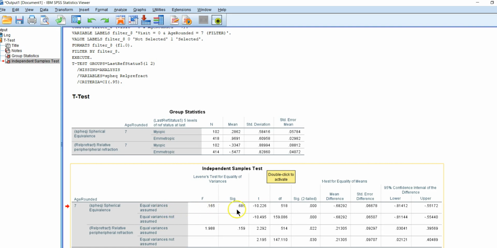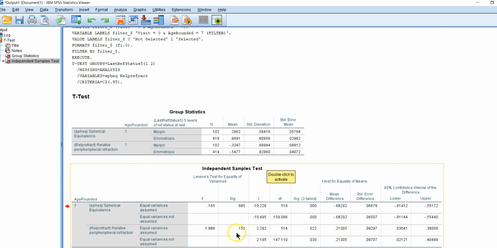So we take this top line, there are two lines, equal variance assumed, equal variance not assumed. We take the top line when going across, gives us the t-value, which is highly significant, the mean difference, standard error of the difference, and the upper and lower confidence intervals of that difference. So if you were reporting this out, you could report the difference and the confidence intervals of that difference.